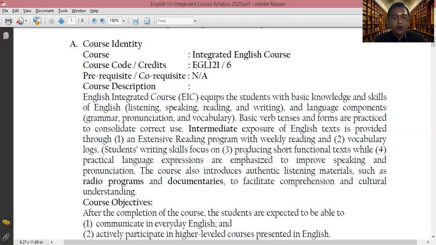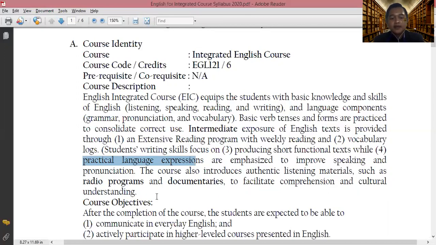So there is one meeting on each week that requires you to write about 150 words, and it varies depending on the topics of the week, of course. And lastly, you will also learn about practical language expressions to be emphasized to improve your speaking and pronunciation.